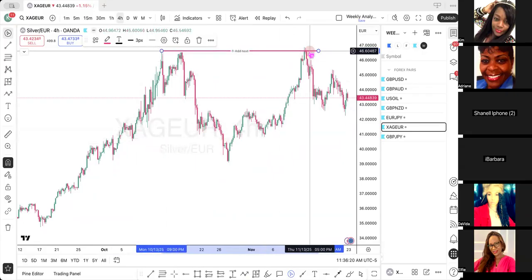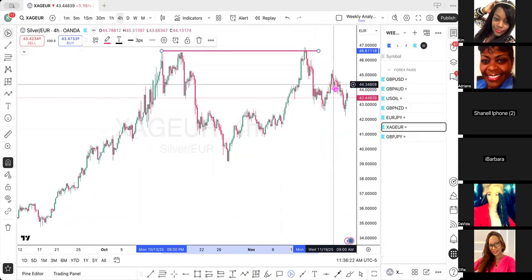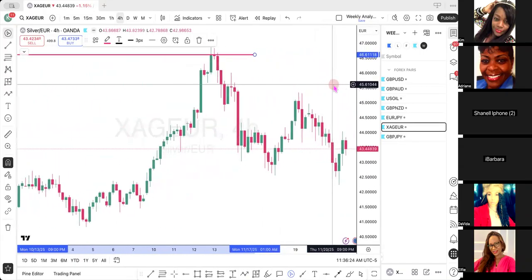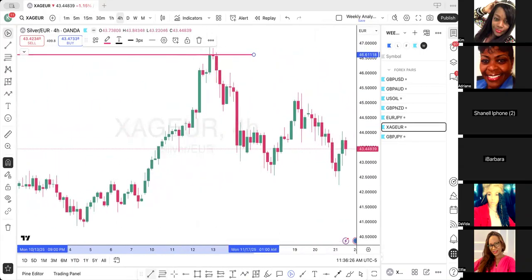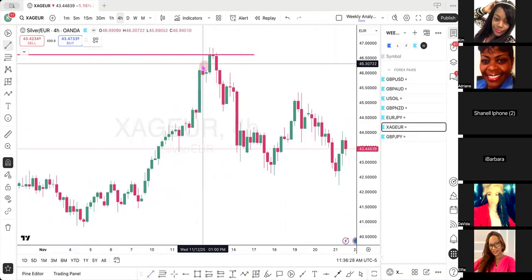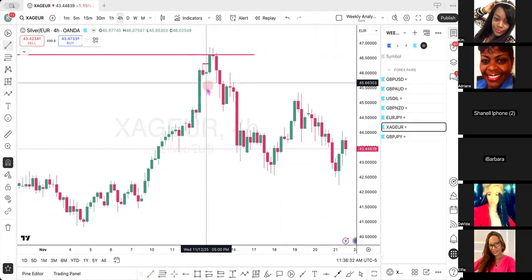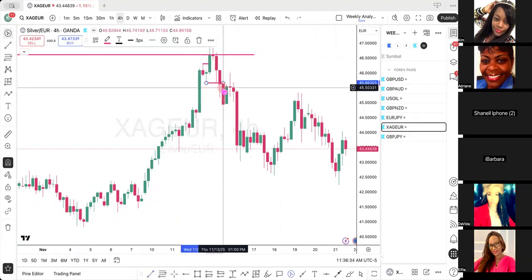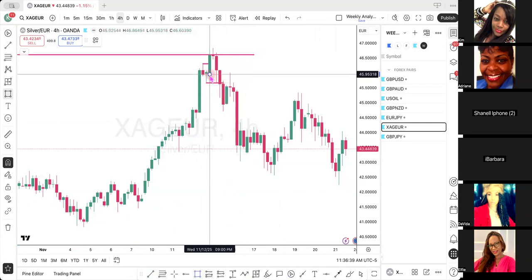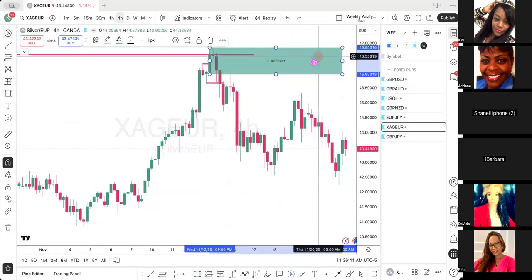Price pulled back and started selling. This was the first shift of structure here because you had this break of structure and then you have this shift in structure. So the first supply zone is here.